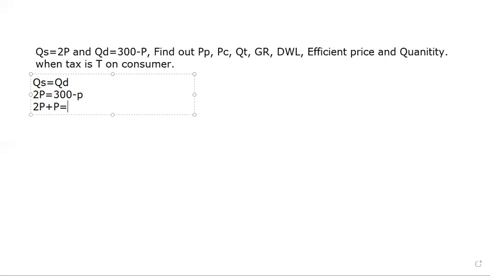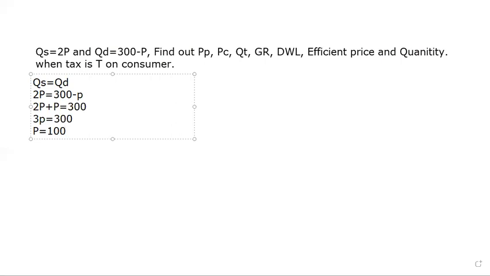Shift P to the other side, then it will be 300. Now P equals 100. That means the price is 100 taka.